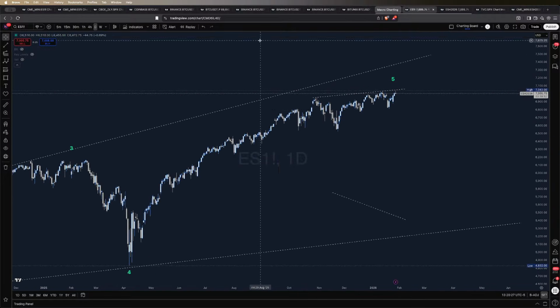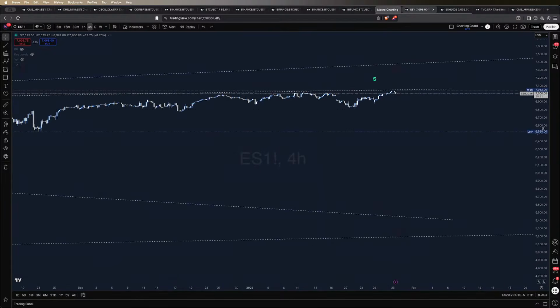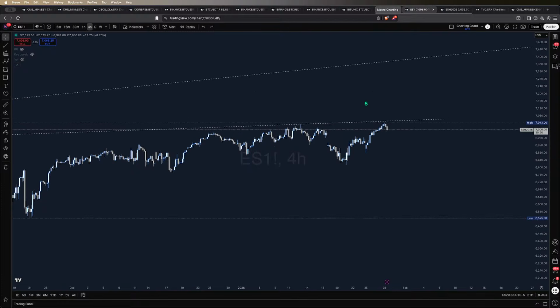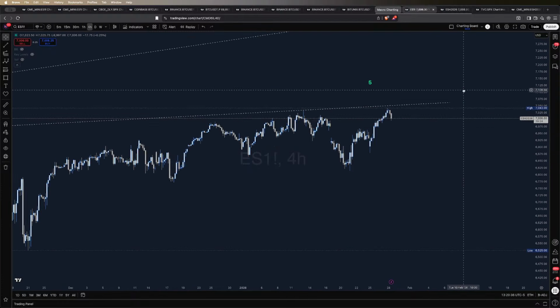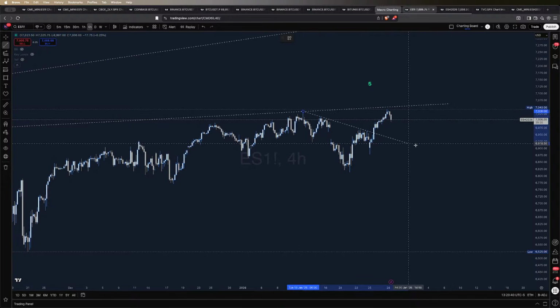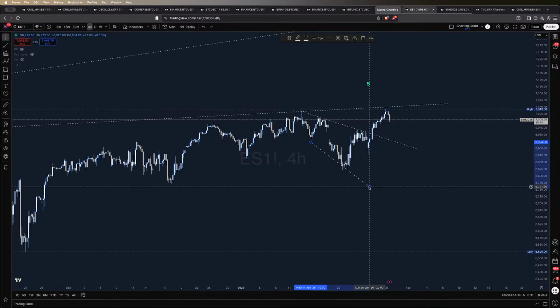Apologies, I presented on the 4 hour that there was an ascending broadening wedge here on the S&P 500, potentially implying continuation. So therefore, we go to those levels, to 7,400, only if there is no upthrust here, okay?